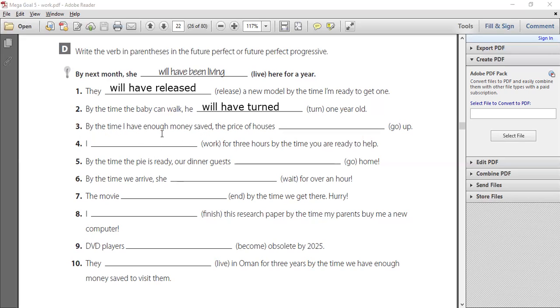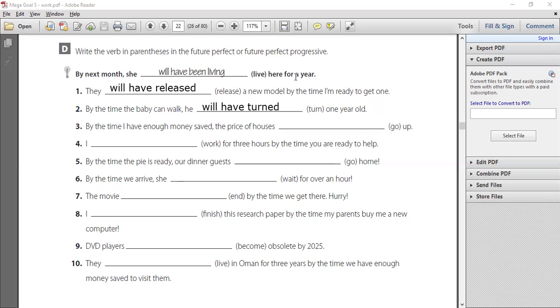By the time I have enough money saved, the price of houses go up. Very easy. Always the future perfect progressive needs to have for a year, for 3 years, 3 hours, whatever. But it should be focusing on the duration of time.